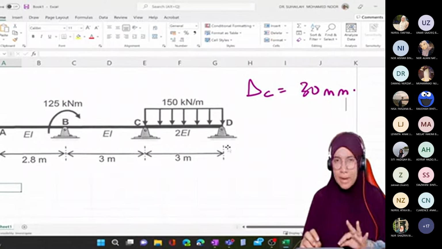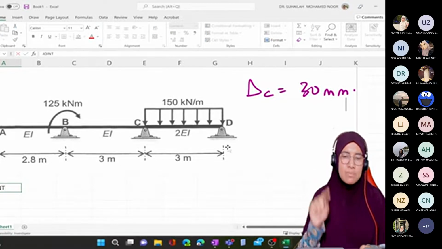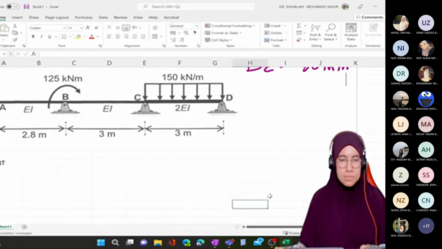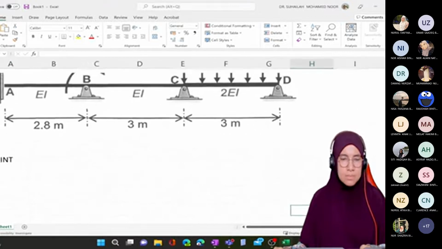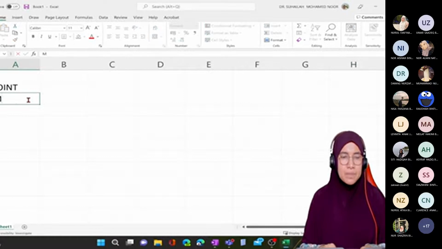We have three spans. The table must have joint A, joint B, joint C, joint D. Joint and then member.